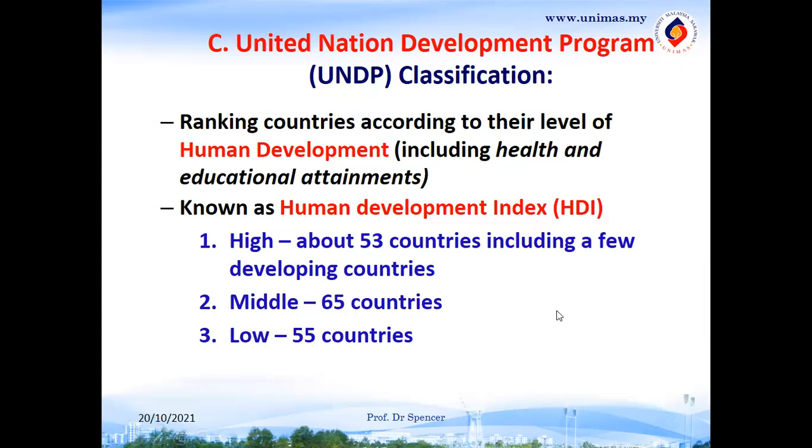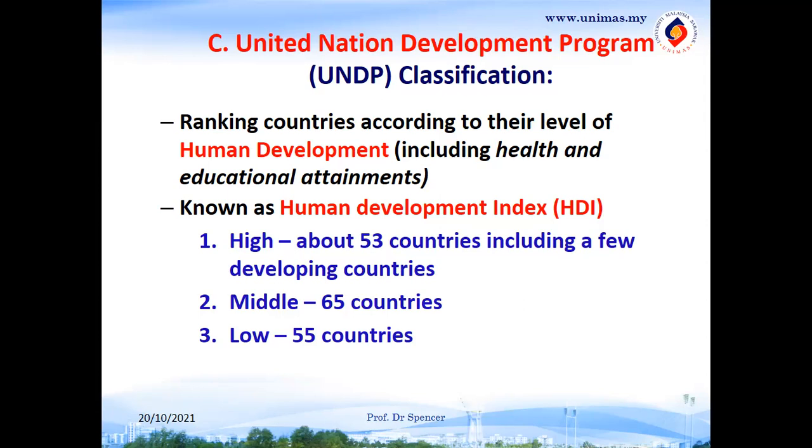Okay, the United Nations Development Program or UNDP juga mempunyai klasifikasi sendiri. So the UNDP ranks countries according to their level of human development. So it's different from the previous classification. This one is based on the Human Development Index.